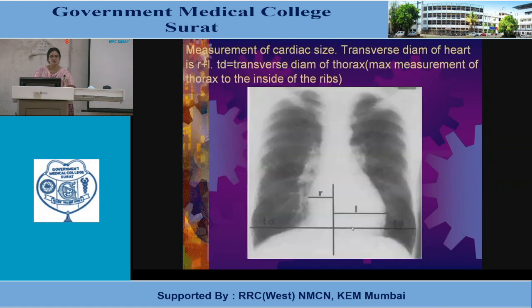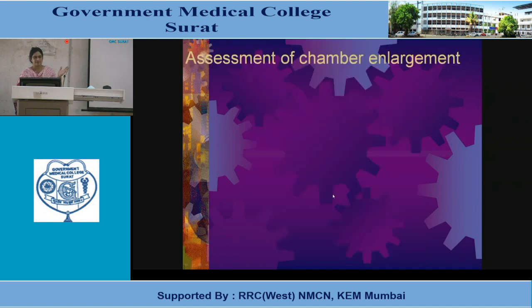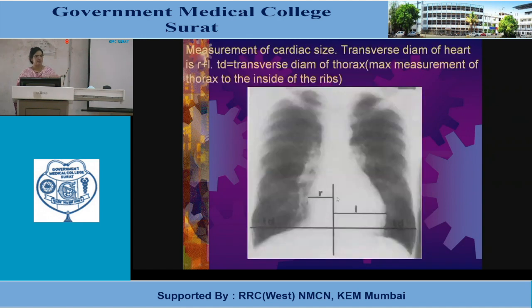Now how do you measure cardiac size? First of all, in the midline, overlying the spinous processes, you draw a straight vertical line. The frontal film should be centralized; it's a prerequisite. When you draw this vertical line, from it towards the right side, the maximum dimension is measured by a ruler.